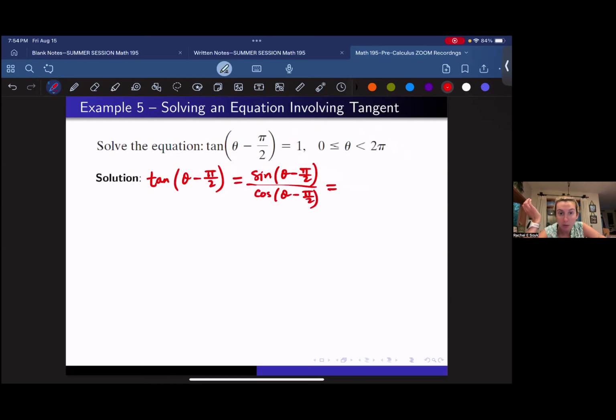And then because we're looking at cofunction identities, think about our triangle sum theorem, knowing that the three angles in every triangle add up to 180 degrees. And so sine of theta minus pi over 2 is the same as just cosine of theta. And our cosine of theta minus pi over 2 is the same as just sine of theta.